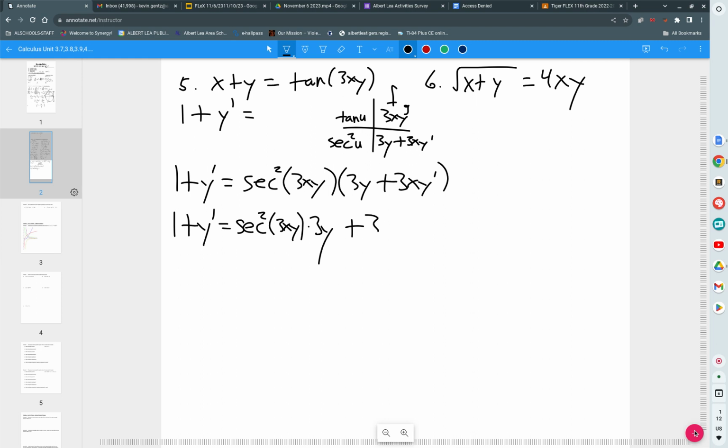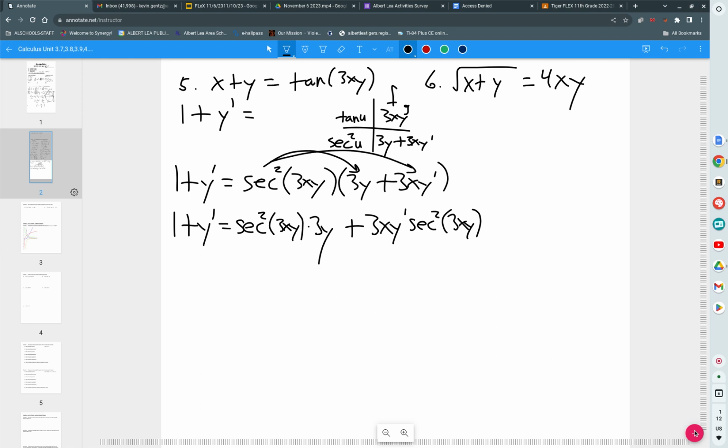Plus, I'll write this first now, 3xy prime times the secant squared of 3xy. I just distributed the secant squared of 3xy to each piece.